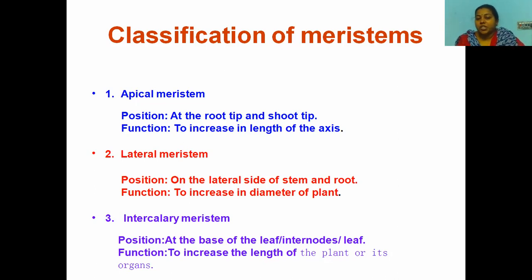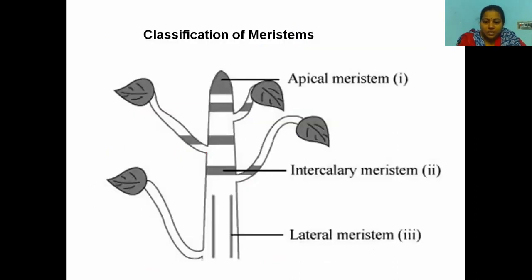Intercalary meristems are positioned at the base of the leaf, in the internodes. It helps in the increase of the plant or its organ. Just see, children, these intercalary meristems are present in between two nodes. See, this is the node, this is the second node, and this is the third node.